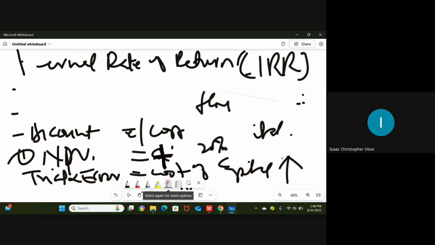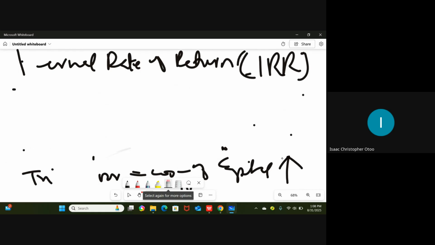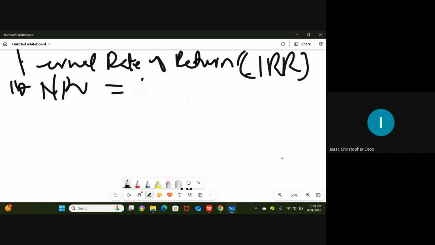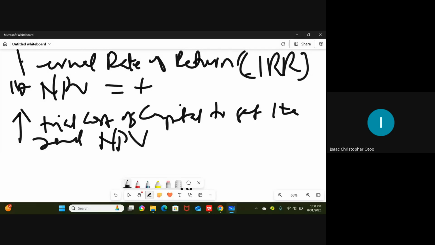So what we do here is that if the first NPV is positive, increase your trial cost of capital to get the second NPV, and it should be negative.